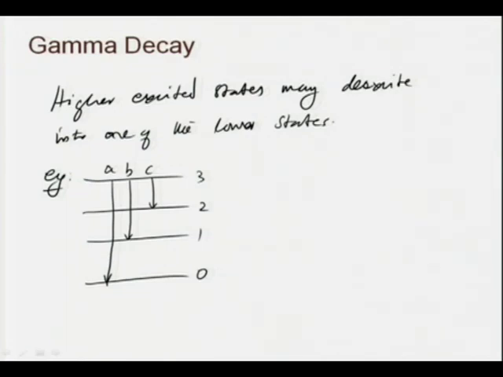Probabilities for these to happen will depend on various things, like whether it is an electric transition or a magnetic transition, whether it is a dipole transition or quadrupole transition or higher pole transitions, etc. In turn, that depends on the spin and parity states of the ground state, first excited state, second excited state and the third excited state, and also on the atomic weight, the excitation energy itself, and the energy gaps between the third and the other excited states.